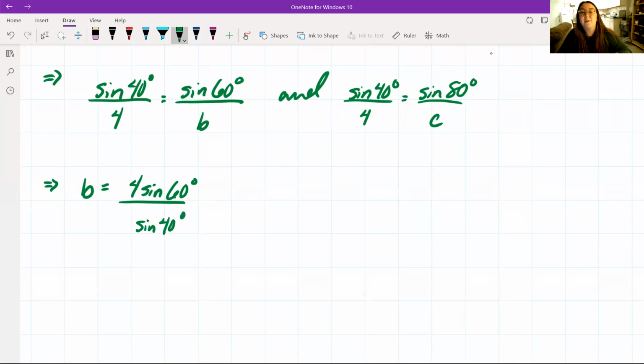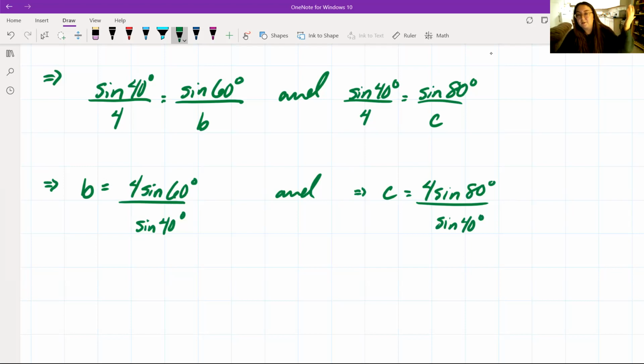This is if you rearrange your equality to solve for b. Then if you do the same thing with c, you would get c is equal to 4 sine of 80 degrees divided by sine of 40 degrees.